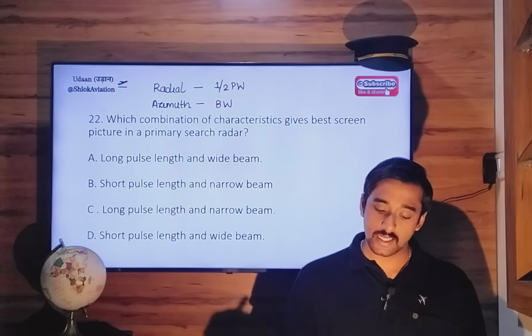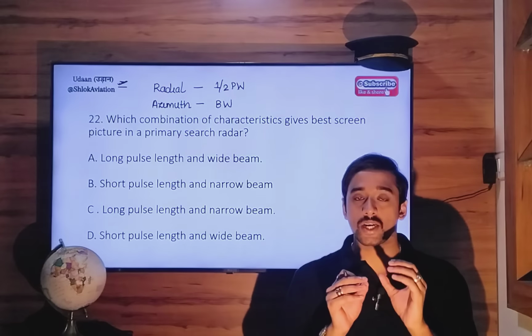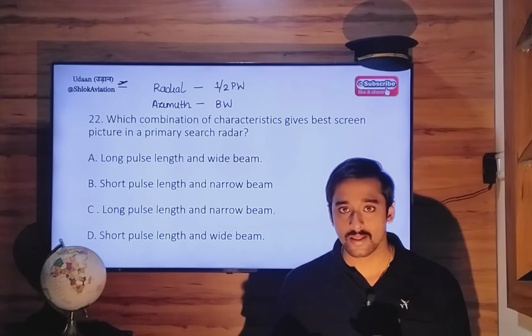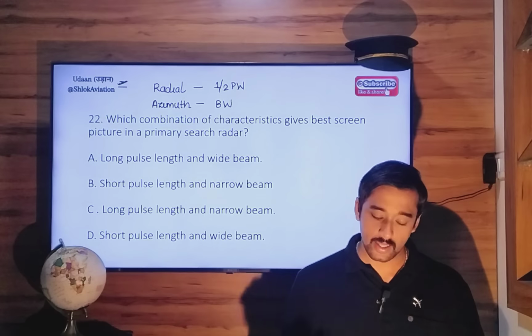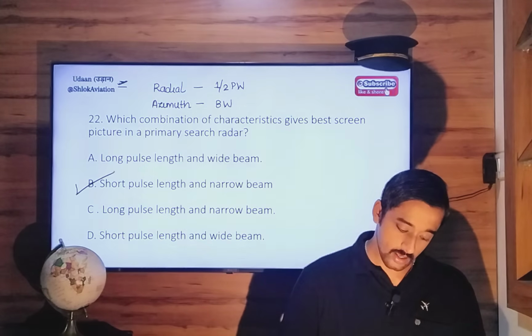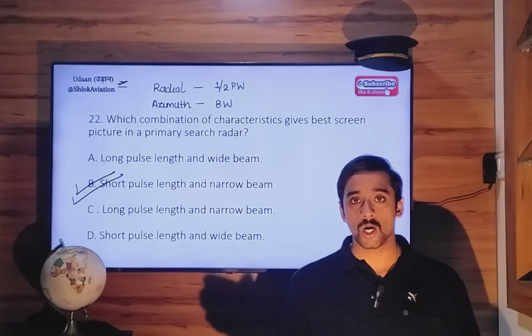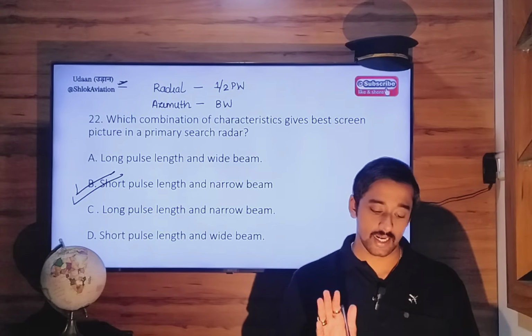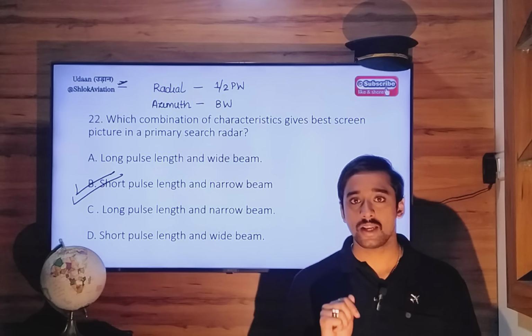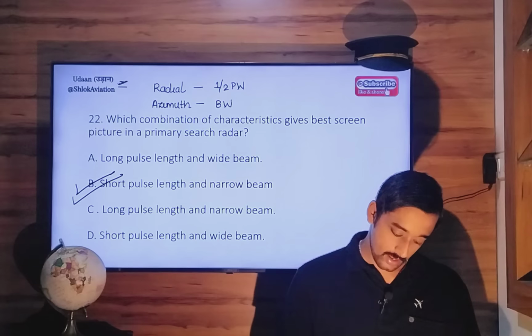So to get the best representation of the target on an ATC radar screen, the radio beam should have a narrow beam width and a short pulse length. This will create a picture which is the best in terms of radial resolution and azimuth resolution.